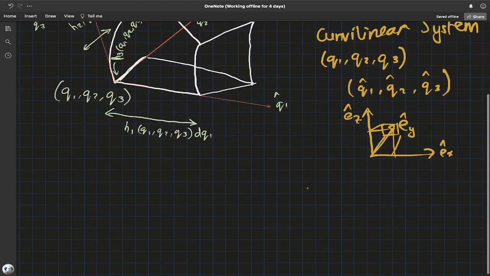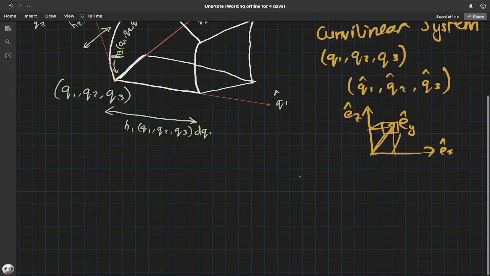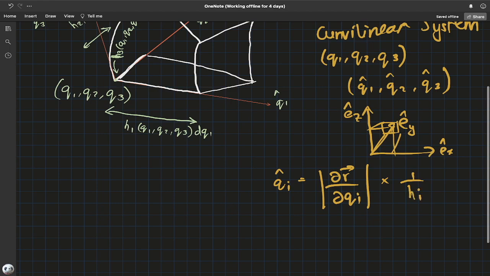because if you think of this in terms of these scaling factors, you remember the basis vectors that we had, say qi hat, was defined as the partial derivative of the position vector with respect to that coordinate multiplied by 1 over the scaling factor for that variable.